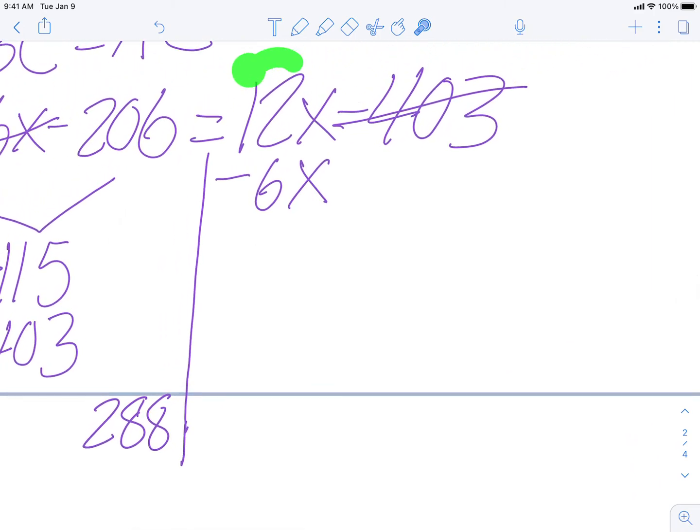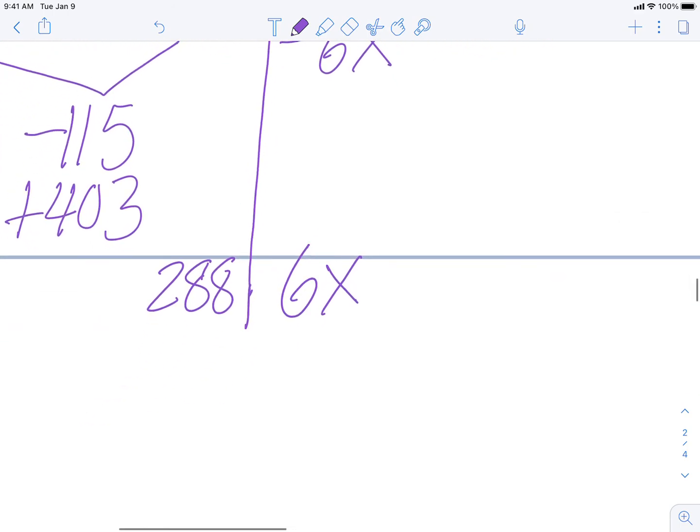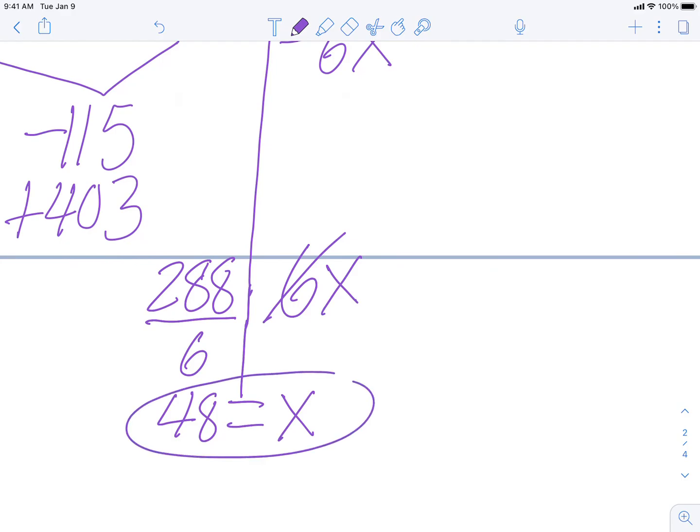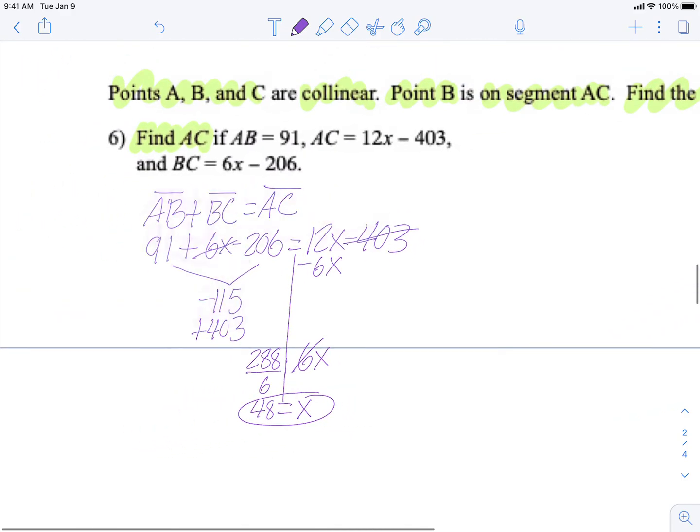This side, 12x minus 6x, I don't need my calculator for that. That gives me just 6x. Right? And I'm going to cross out 6 and divide by 6. So I'm going to get 288 divided by 6 is equal to 48. That is x. x is equal to 48.